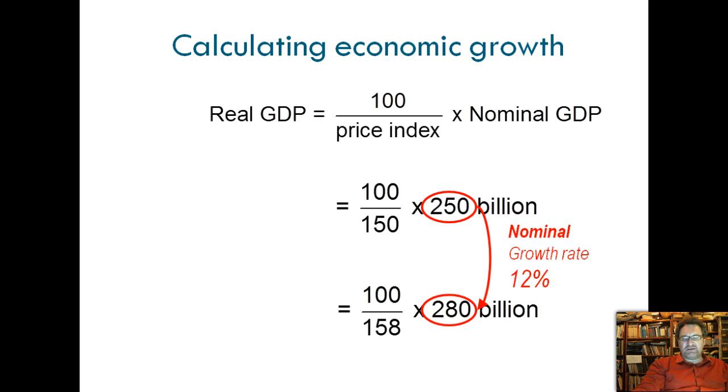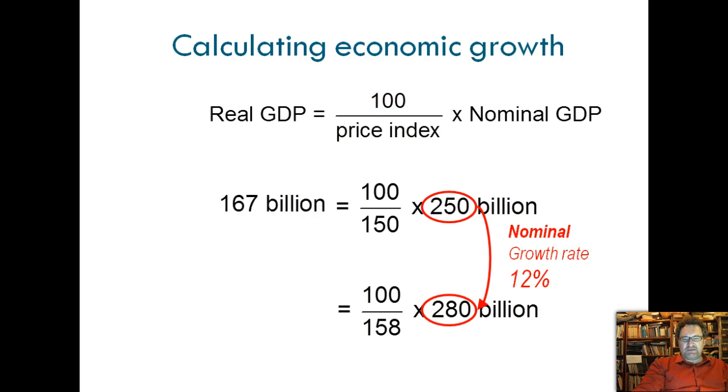This is the increase in nominal GDP. We can see it's 12%. How do you calculate that 12%? Well, that's simple. It's the same way you calculate any percentage change. New minus previous over previous times 100. 280 minus 250 divided by 250 times 100 will give you 12%.